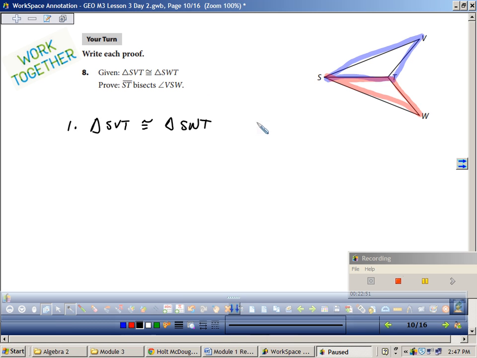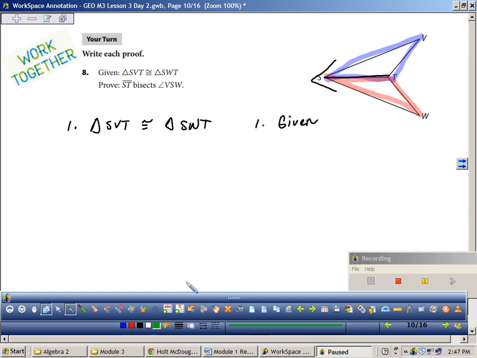So there's my statement. My reason is that's what they've given me. I want to prove that ST bisects angle VSW. So this big angle right here is being bisected by ST.